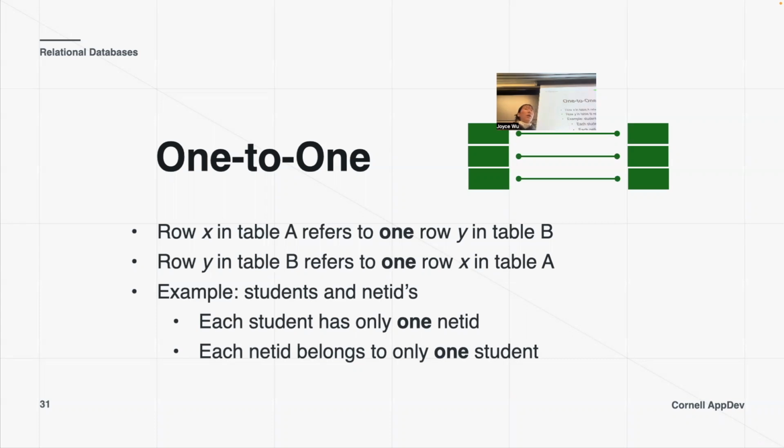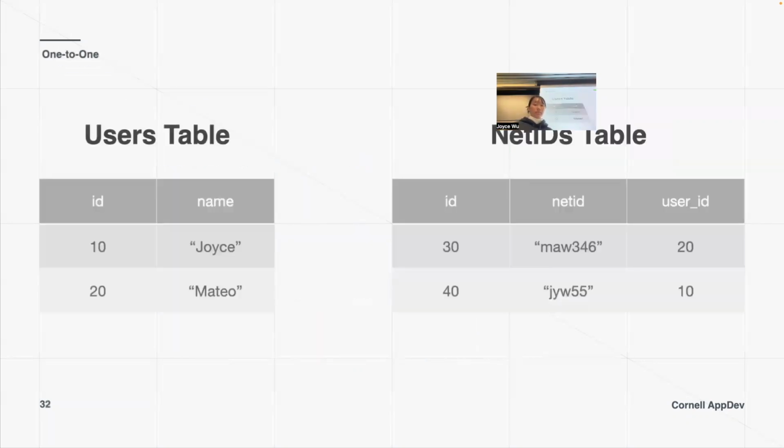Note that everyone at Cornell has a unique net ID. So if we had a table for students as well as net IDs, you would only expect one student to be linked with one net ID and one net ID to be linked back with one particular student. Let's look at a visual example of this. We have a users table and a net ID table. In the users table, again, we have me and Mateo.